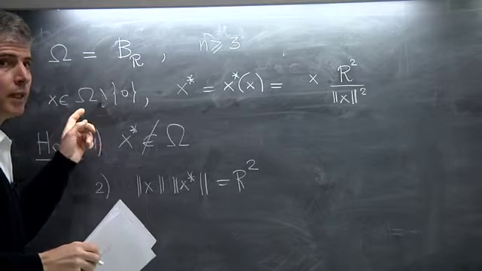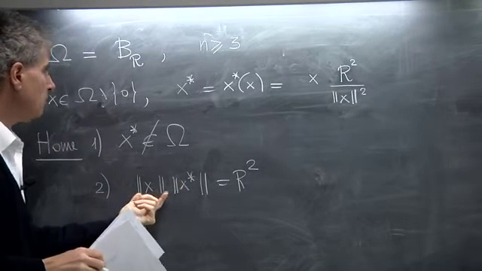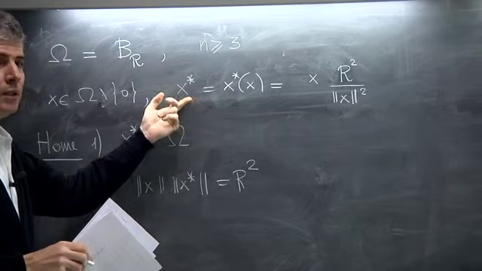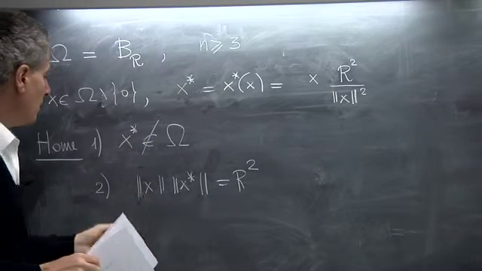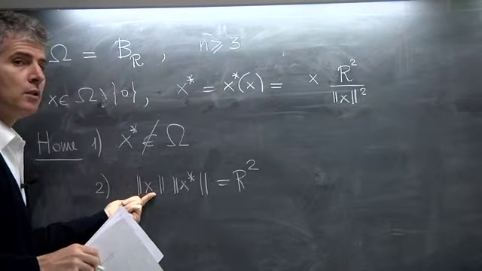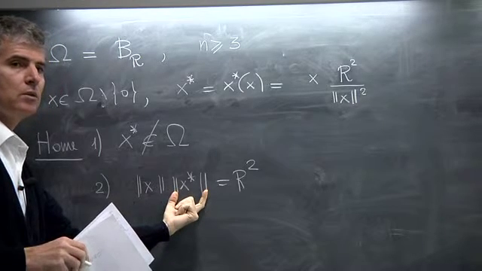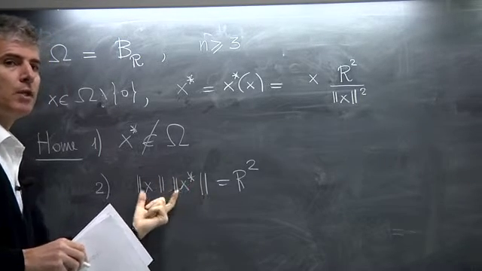So take a point which is not the origin. From this relation, you see also that if x is very close to the origin, so this is very small, then this must be very large, because the product must be constant.